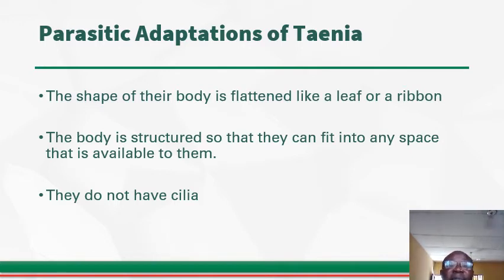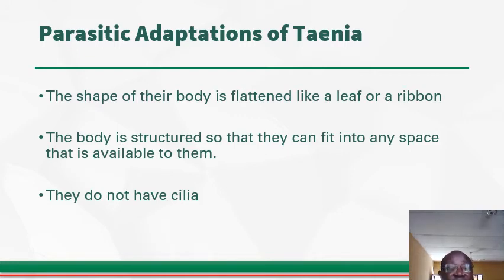Then the parasitic adaptations of Taenia. Their shape is one of the adaptations, because their body is flattened, and as I've said, they look like a leaf or a ribbon. This structure enables them to adapt to the environment, and the body is structured so that they can fit into any space available to them in the host.